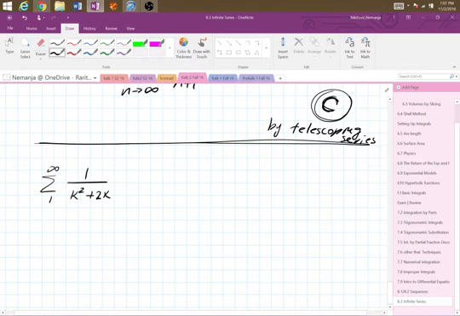How's your partial fraction decomposition going? Oh, it's just dandy.